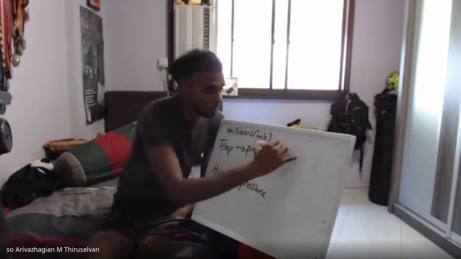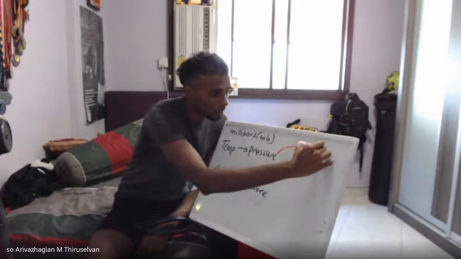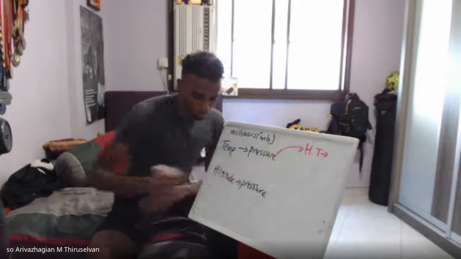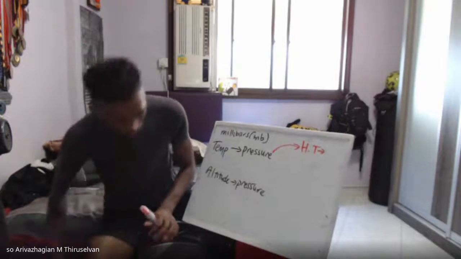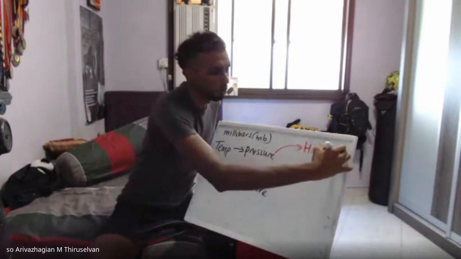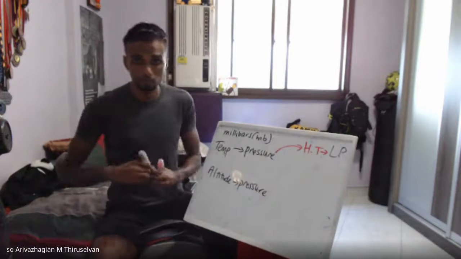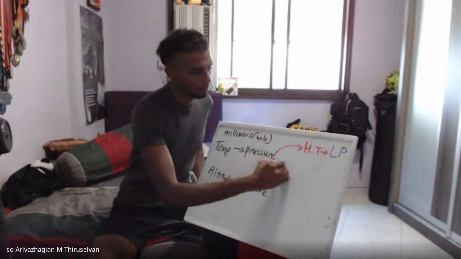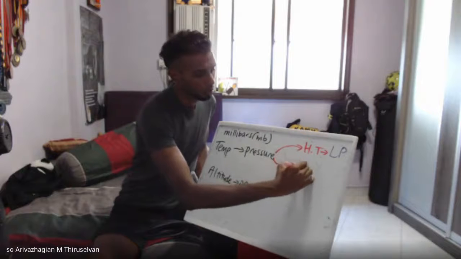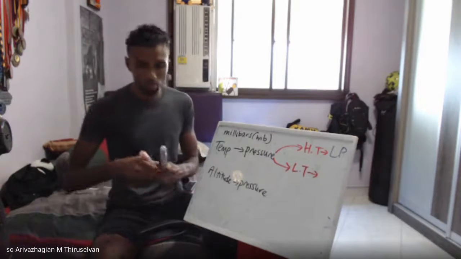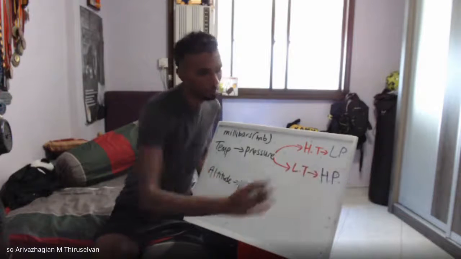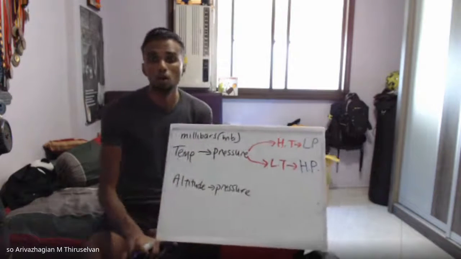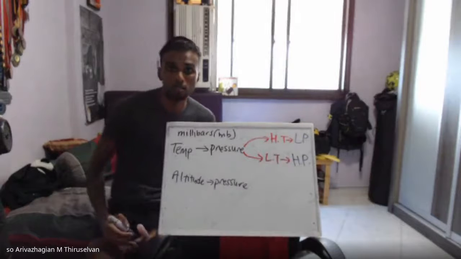Naturally, if I have a high temperature, it will result in low pressure. If I have a low temperature, it will result in high pressure. So that is the first thing that you want to know.